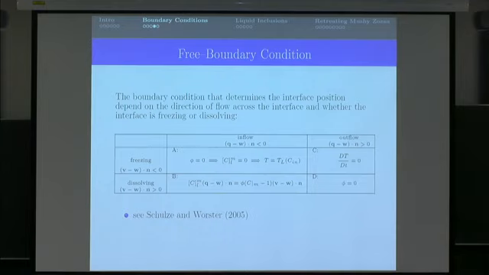All right, you need one more boundary condition. You need a boundary condition that tells you where the interface is, the free boundary condition. So this is on the mush-liquid interface. And for the most part, you can think of that as this condition here, which is actually a Stefan condition for the solute conservation across the mush-liquid interface. It doesn't look like a regular Stefan condition because we've killed the diffusion.